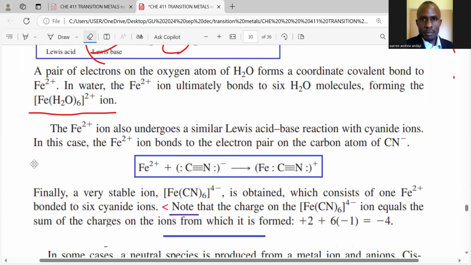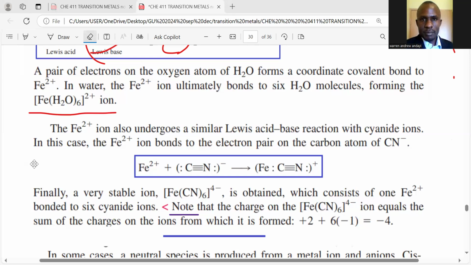Finally, a very stable ion, cyanide, is obtained, which consists of iron bonded to cyanide.